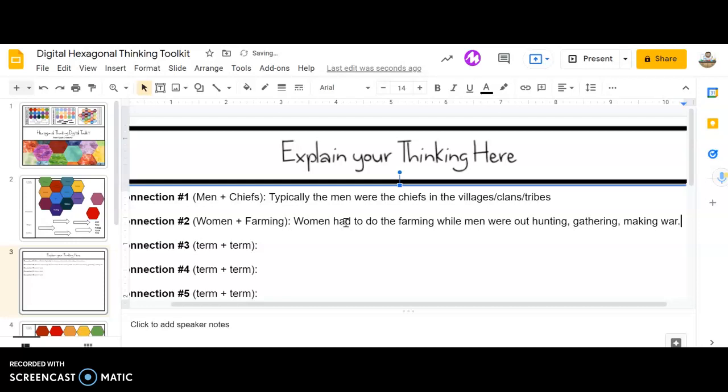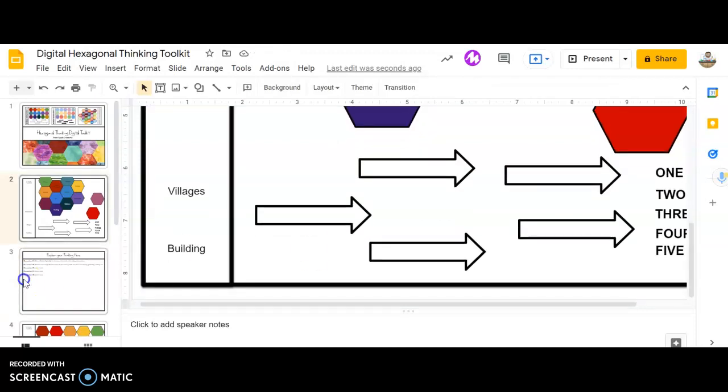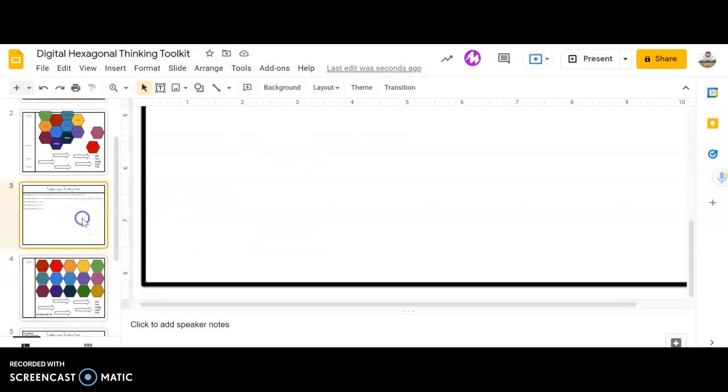Women had to do the farming while the men were out hunting, gathering, and making war, if that happened to be something that was going on at that time. So on your second page, you're explaining your thinking. Now, you'll notice I've only got, man, it keeps doing that to me, and it did it again.